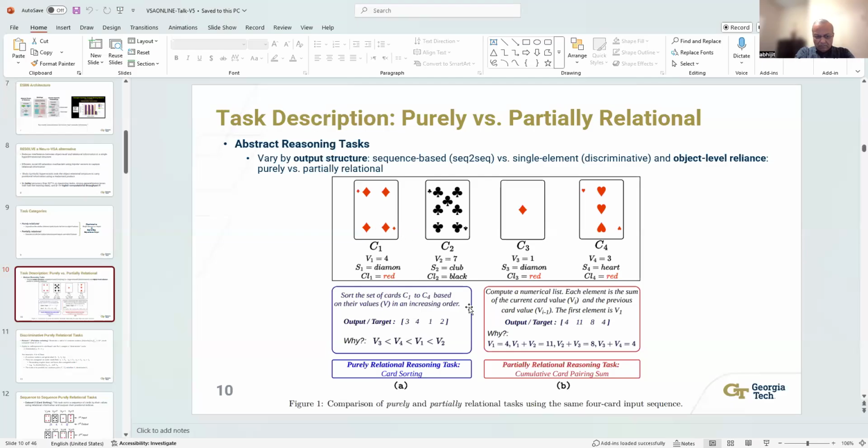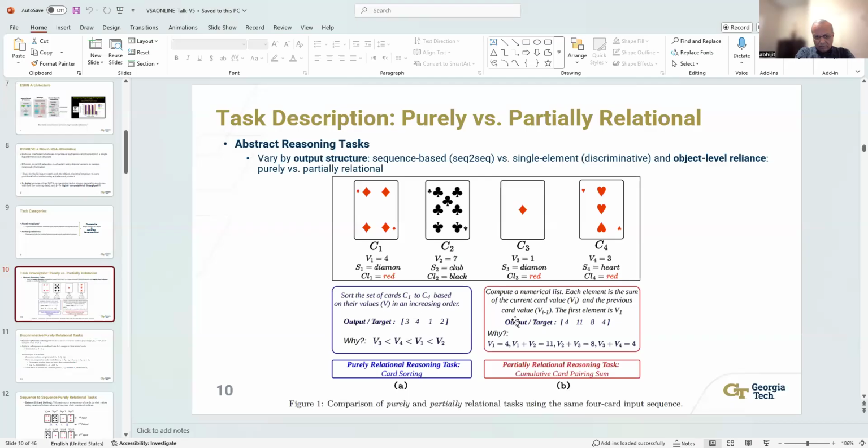So for the first sequence output, the output is just the value of the first card. For the second one, it's the value of the second card plus the first card. So 7 plus 4 equals 11. Then 1 plus 7 equals 8. Then 3 plus 1 equals 4.